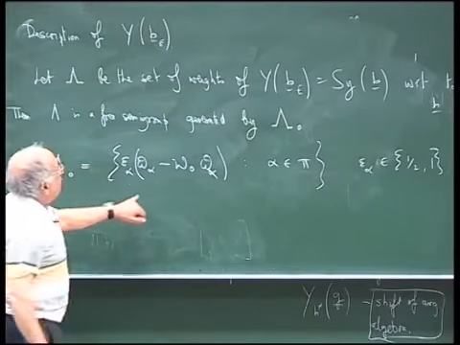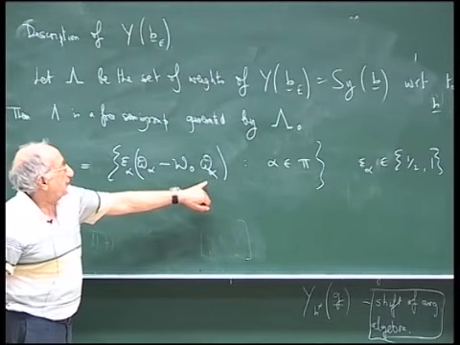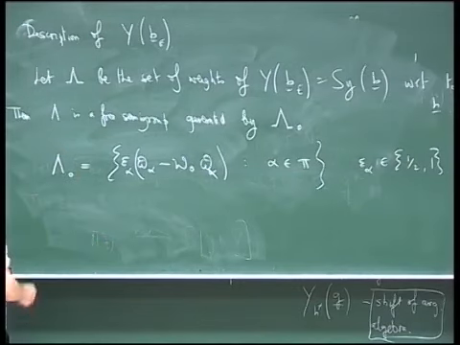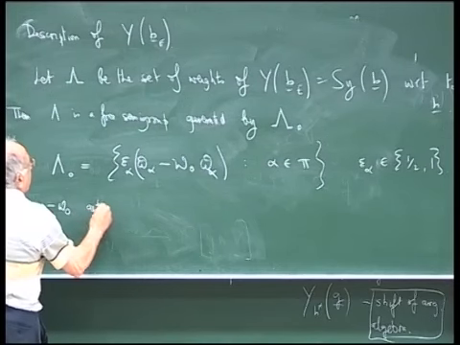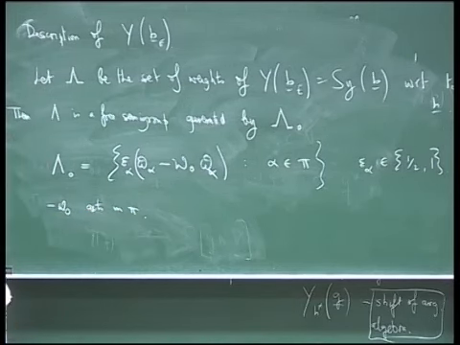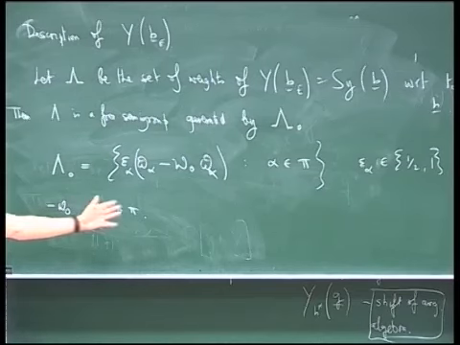Now, you may, of course, notice that it could happen that minus W0 acts on pi, and it can happen that it has non-trivial orbits.